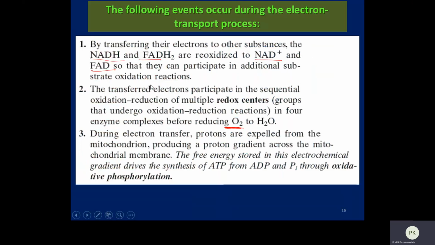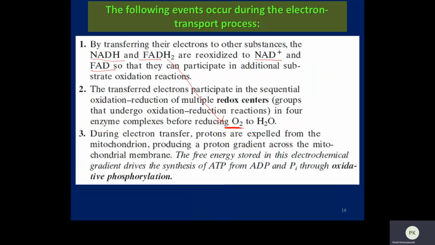So during this process, the electrons are transferred from NADH and FADH2 to the molecular oxygen through various oxidation reduction centers present in the mitochondrial membrane.